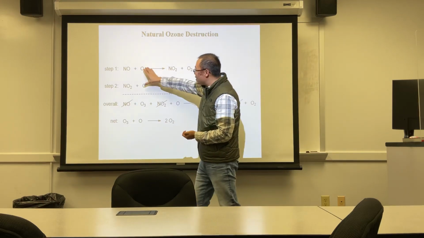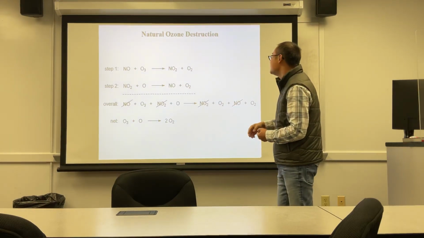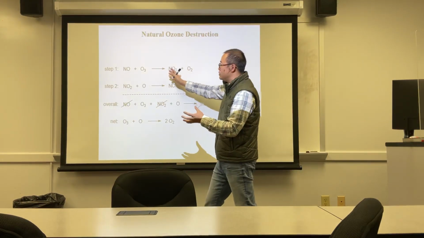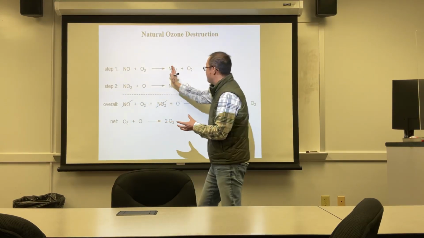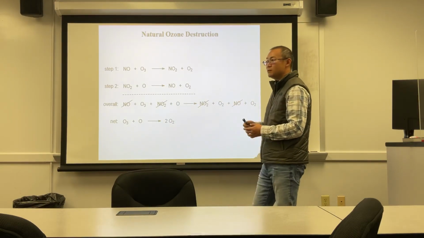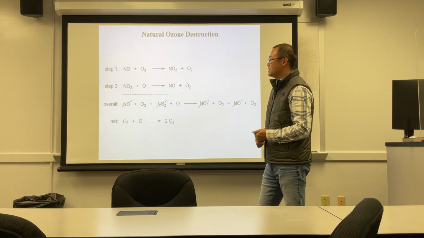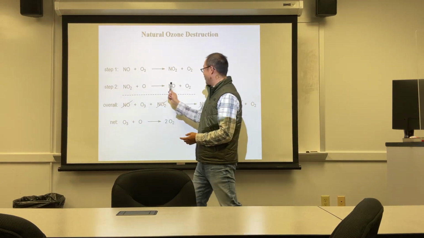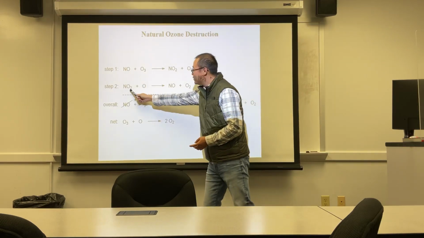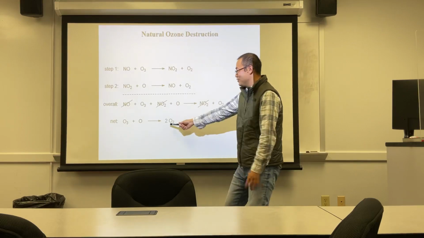So if you add these two steps together, you will find something very useful. Add everything on the left together, everything on the right together, and then cancel the ones that are on both sides. You see the NO on this side and on this side, NO2 on this side and on this side.